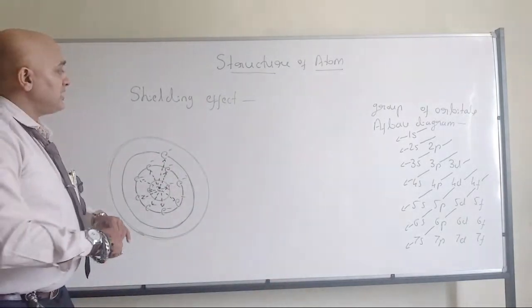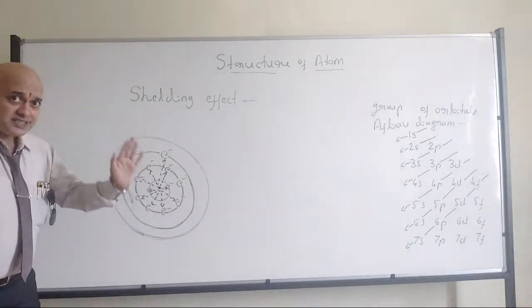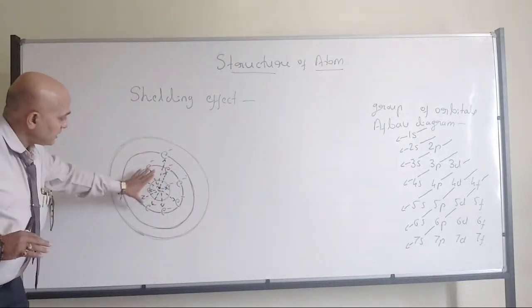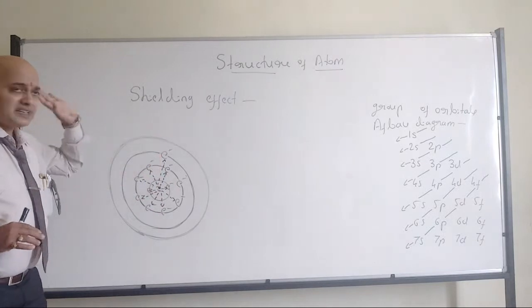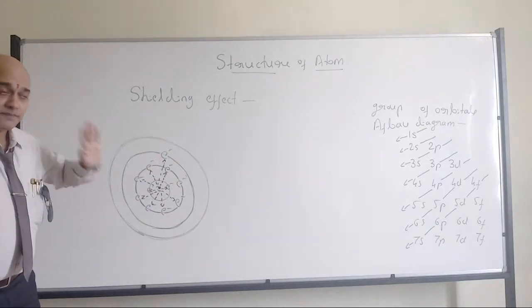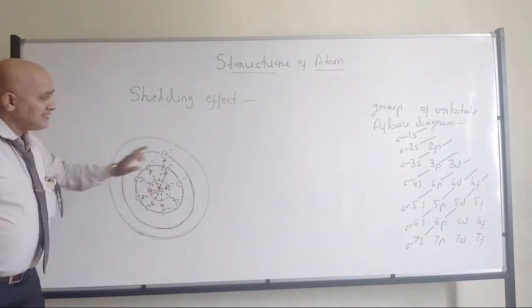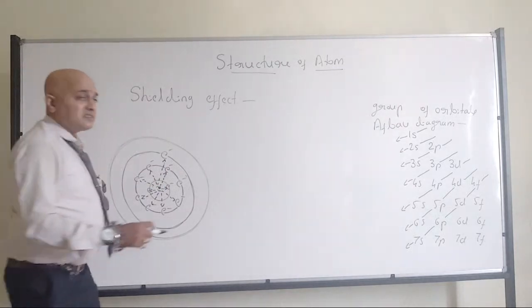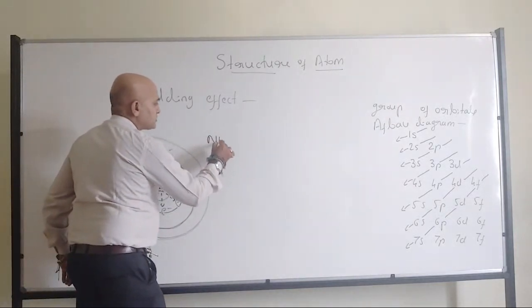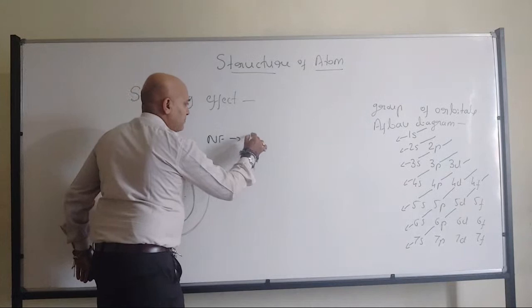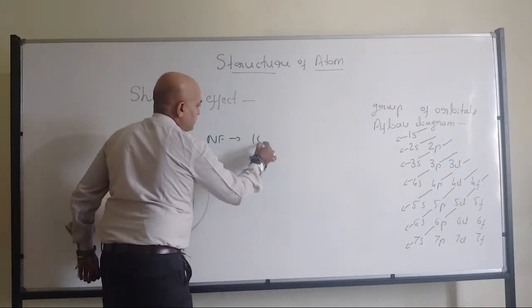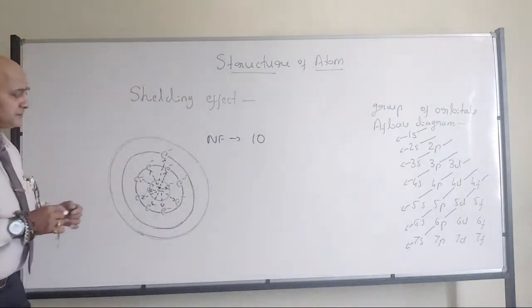So what I mean to tell here is, you imagine that no electrons are present, only this electron is present. Imagination. So no electrons, only this electron. In that case, the amount of nuclear force acting on it, I will give just a number, don't take it as the proper one.